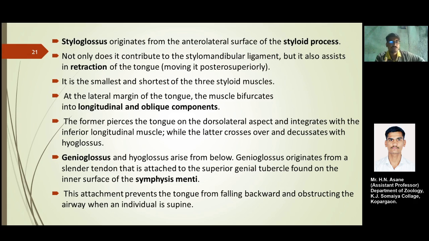This attachment prevents the tongue from falling backward and obstructing the airway. When the individual is supine, that means lying on the bed, these extrinsic muscles pull the tongue forward so that it does not interfere with our respiratory system.